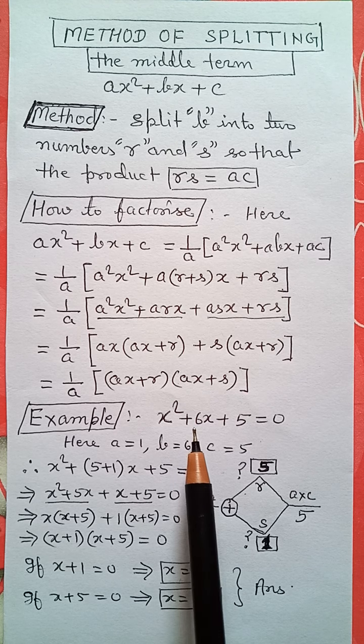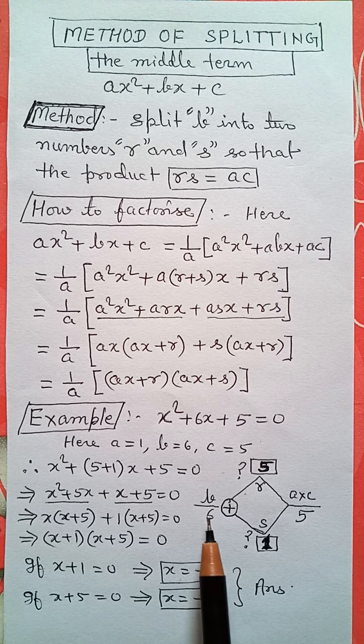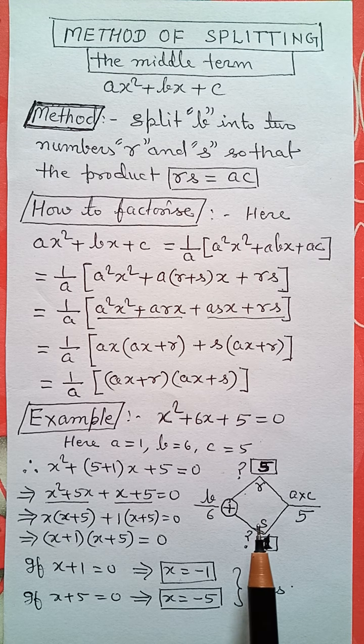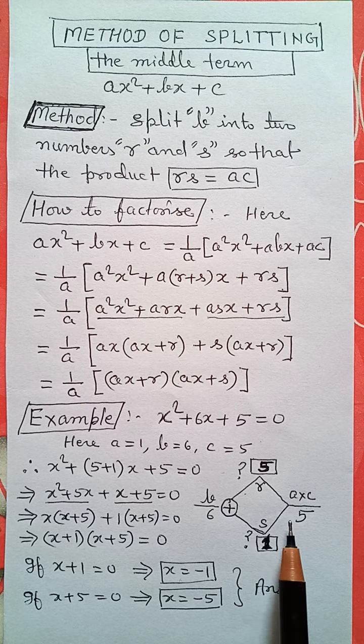Now we have to split this middle term b. Here b is 6. We have to split this middle term into two numbers r and s such that their product is 5. Now, how can we do that?